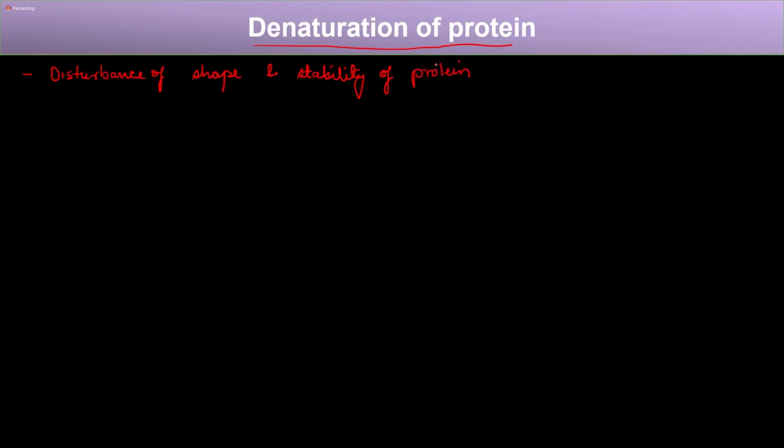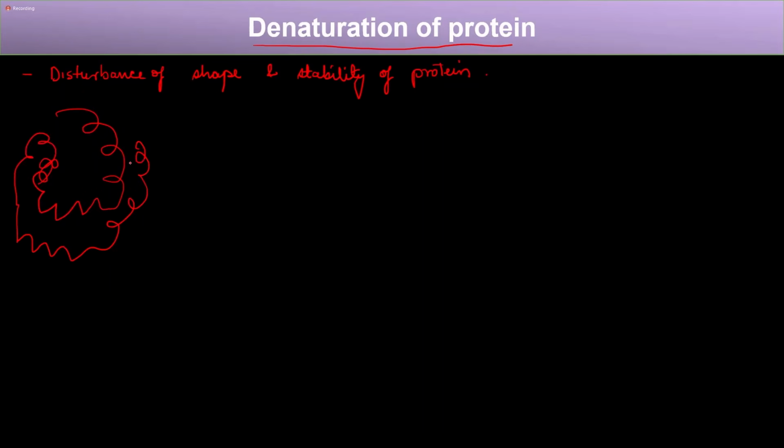Now what I mean by this: we know that a biologically functional protein exists in the tertiary form and also in the quaternary form, right? So let's draw a structure of a protein. Suppose this is a tertiary structure of a protein. It is forming like this.